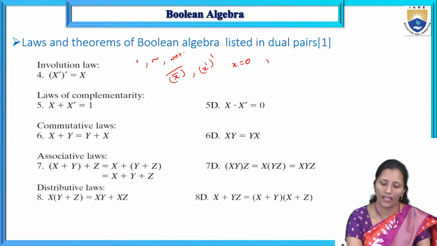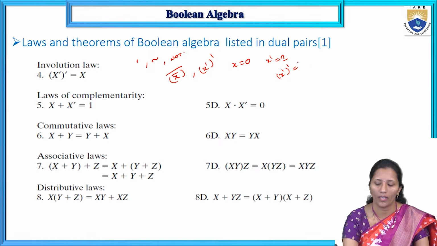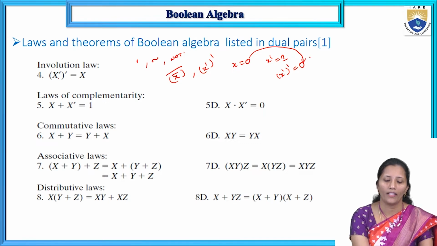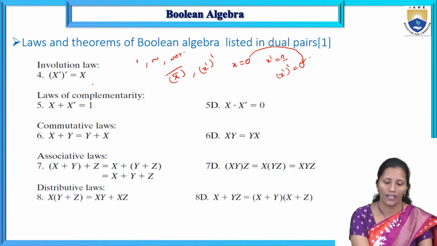So the negation of x, 0 will become 1. Again, we apply the negation to x bar, so 1 will become 0. So whatever x value we take, we get the same value here. So the negation of the negation of x is x. x bar whole bar is equal to x.